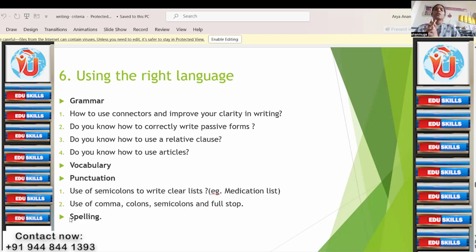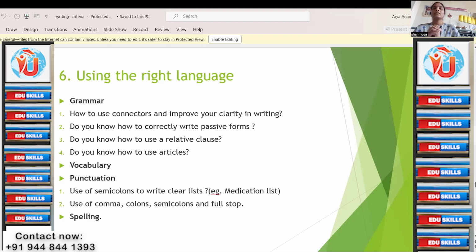And spelling: why is spelling really important in my letter? One spelling mistake is not really important, and two is also tolerable. But if you make many spelling mistakes, it will distract the readers, and they will not read your letter properly.